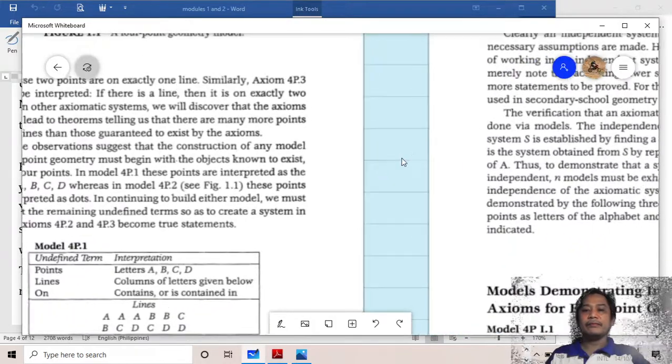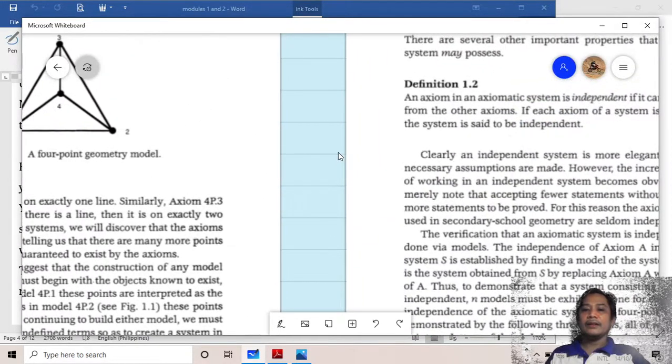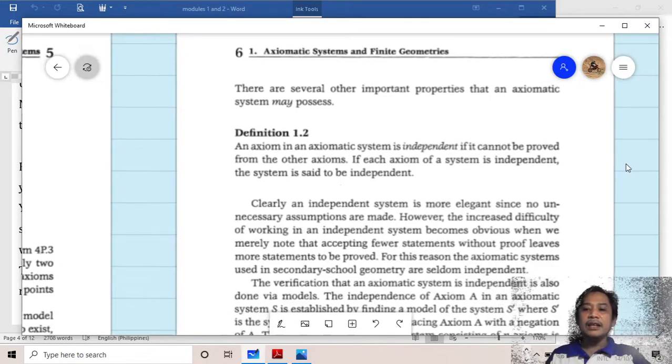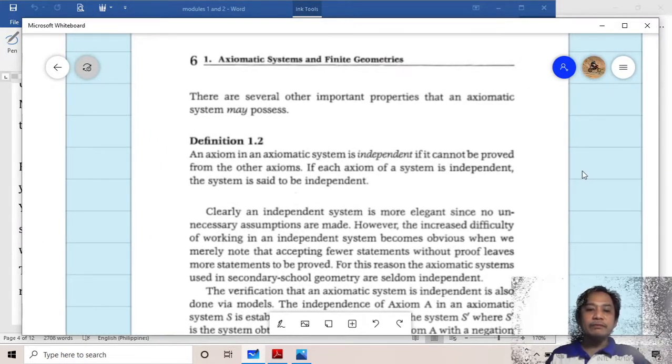Next, we have the property of independence. We define an axiom in an axiomatic system to be independent if it cannot be proved by the other axioms. So this property pertains to an axiom in the system. But if all axioms in the system are independent, then the whole system is said to be independent.